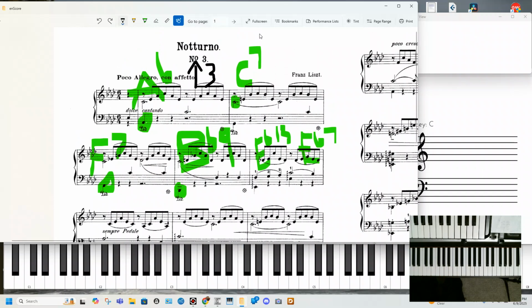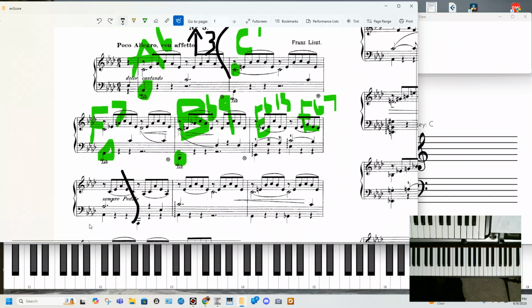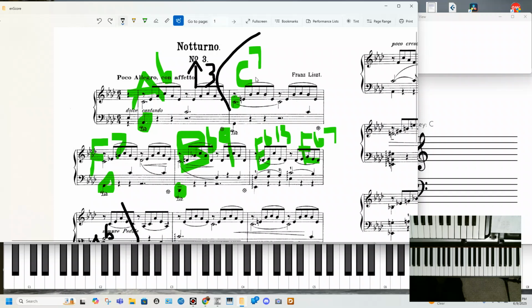And then starting from here on the C and ending all the way back to what we didn't look at, but what is an A flat chord, we have C to F, and then F to B flat, and then B flat to E flat, then E flat to A flat.